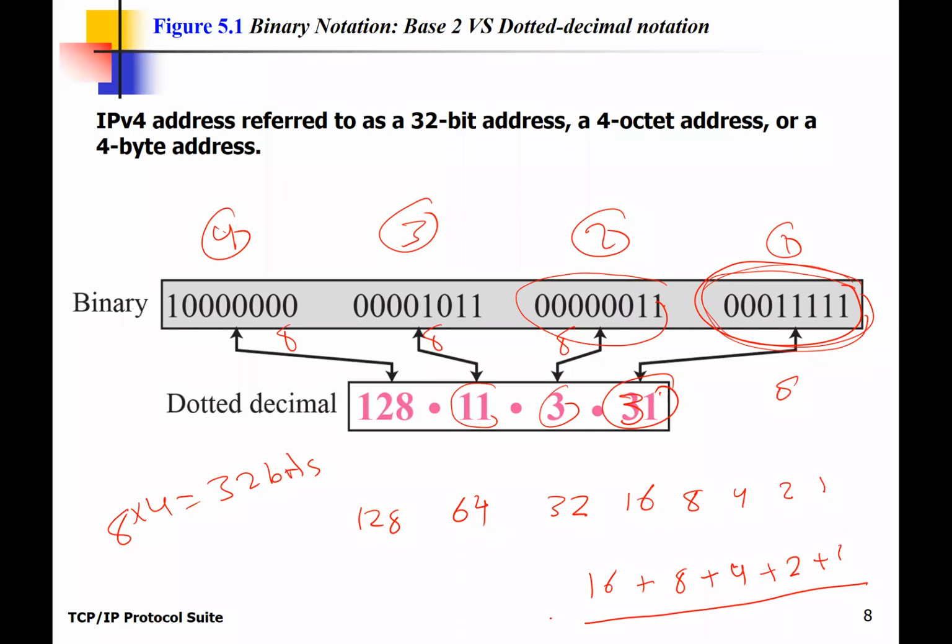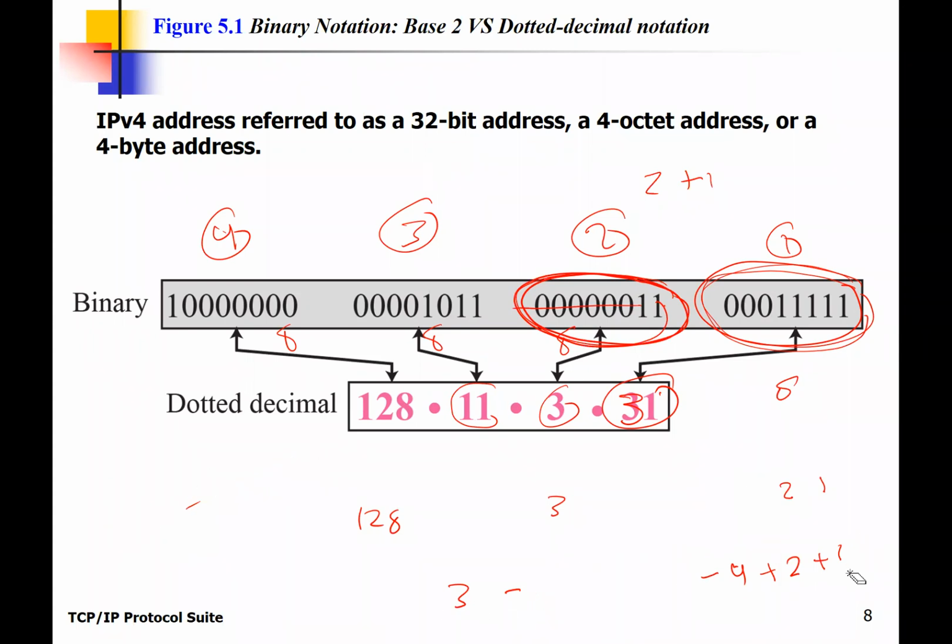And if you add those, it will equal 31. All right. So now if I ask you how you know that's equal to 3, because it's 1 plus 2 and the remaining is 0. So that's why 3. Is there a question on how you find the number? Easy. I'm sure you know that from digital design.